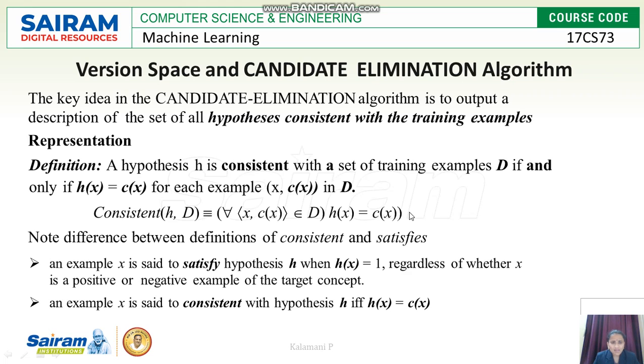An example x is said to satisfy hypothesis h when h(x) is equal to 1, regardless of whether x is a positive or negative example. h(x) equal to 1 means that x satisfies hypothesis h. h(x) is a Boolean function, it returns the value true. An example x is said to be consistent with hypothesis h if h(x) is equal to c(x). This is the difference between satisfies and consistent.